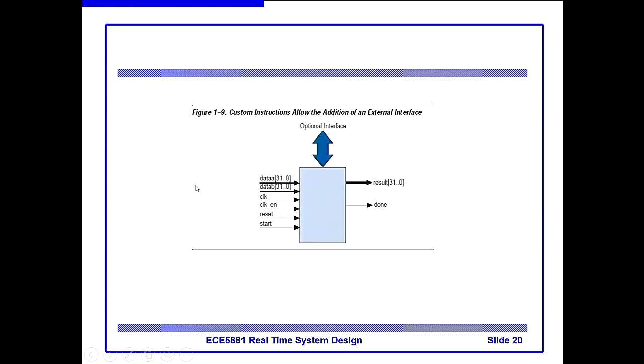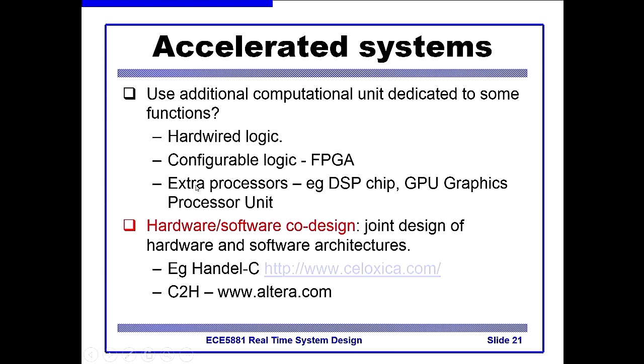All right, so last time we got to talk about custom instructions, but there's more you can do. You don't have to rely on the processor exclusively. We can look at additional computational support. So that can take different forms, and you've been using FPGA as a configurable device.